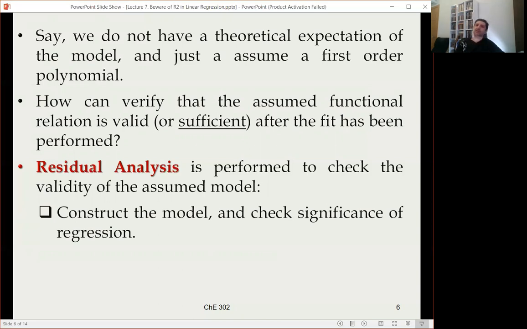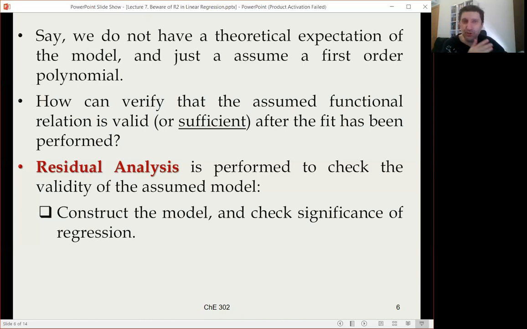Well, actually, it's not related to residual analysis, but this is the very first thing that you should always do. You assume a first order model, you have experimental data, you fit your data to the model, then the first thing that you should do is check whether the model is significant.